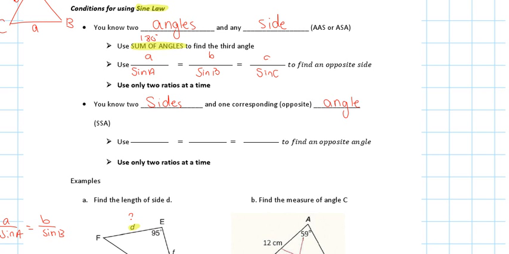So let's say in this situation if they gave you this side and this side right here, they must give you either angle B, because you need to have a side and its opposite angle, or they have to give you angle A. They have to give you one of the opposite angles to the sides that they are given. Okay, so you must know two sides and an opposite angle to one of the sides. So in this case, if they gave you the two sides A and B, and they gave you angle B, you can solve for angle A.